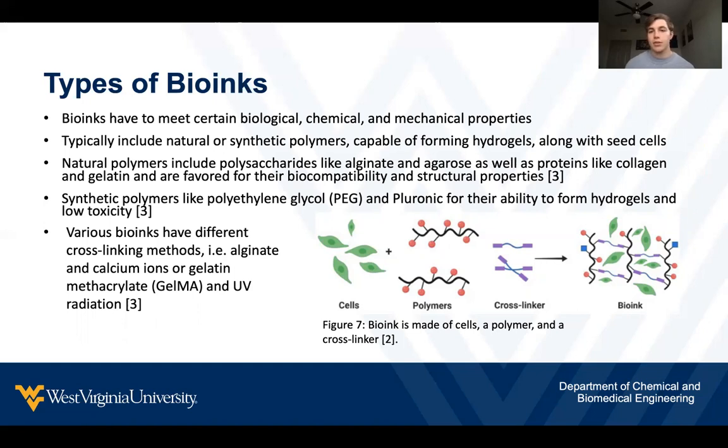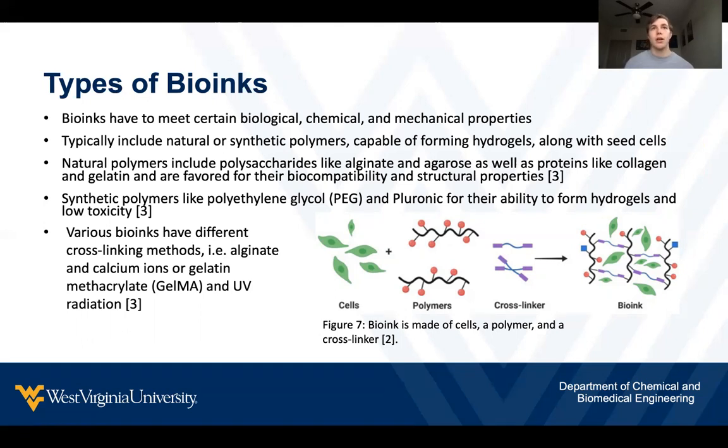Synthetic polymers as well are used. Some of them that are used are polyethylene glycol and pluronic, and they're used because they're able to form hydrogels, and some of them do have low toxicity as well. These bioinks have different cross-linking methods and strategies. The polysaccharide alginate can be cross-linked by calcium ions to form a hydrogel, while gelatin methacrylate, also known as GelMA, can be cross-linked using UV radiation.